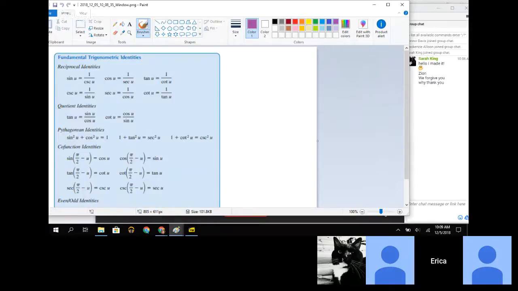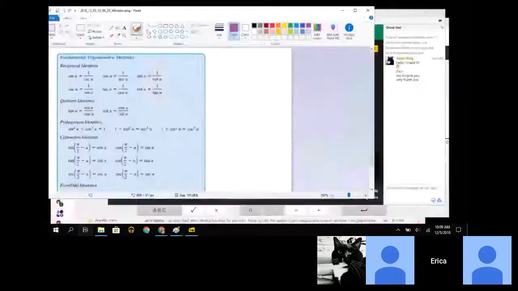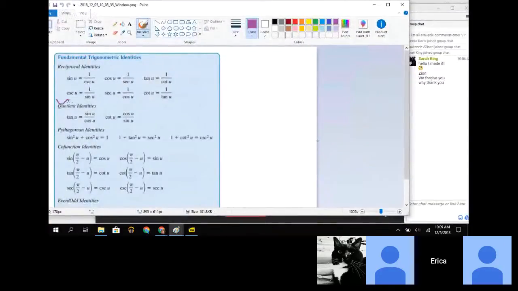Okay, so the first 8 should be very, very familiar to you from chapter 4. So these are what I kept calling inverse, but the reciprocal identities. The first 6 is what we talked about. All right, so these are our reciprocal identities, right? And we've talked about these lots and lots of times, right? So basically, if you have the sine of theta or u, that's equal to 1 over the cosecant of u.